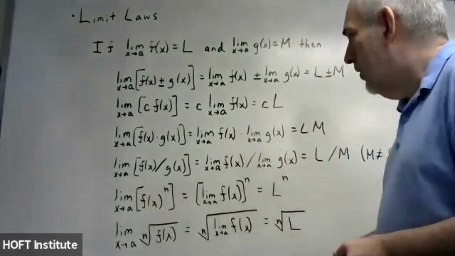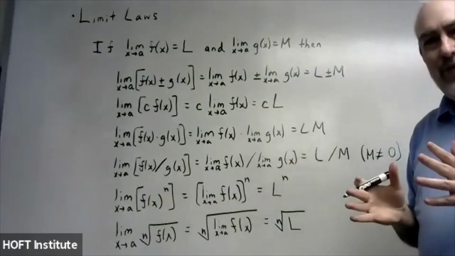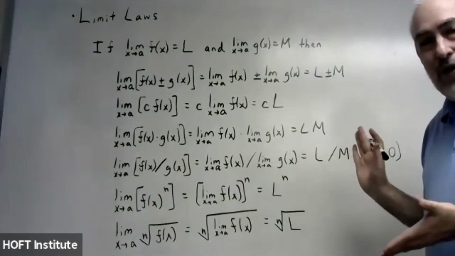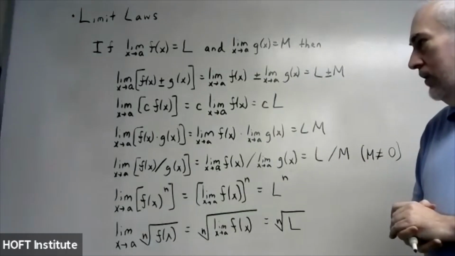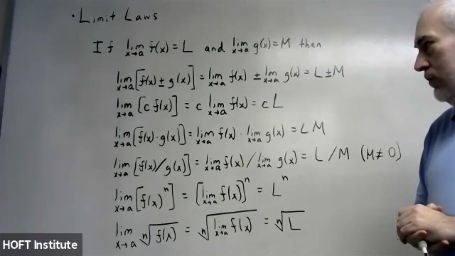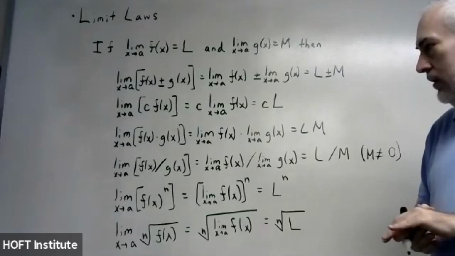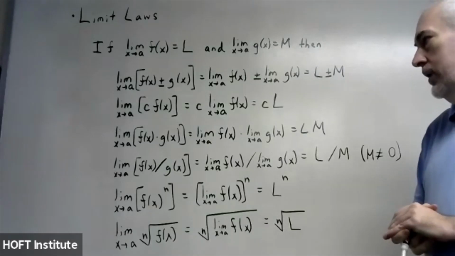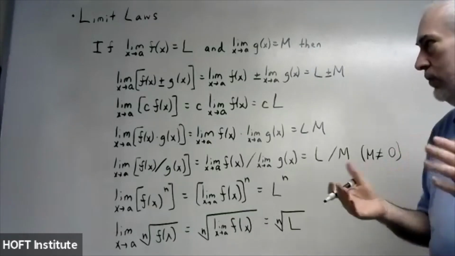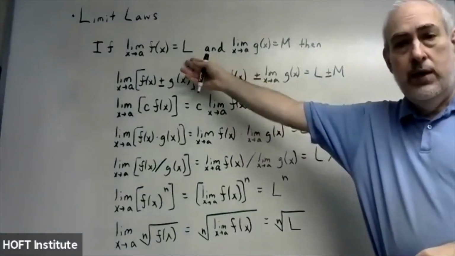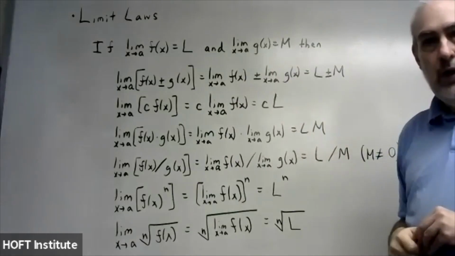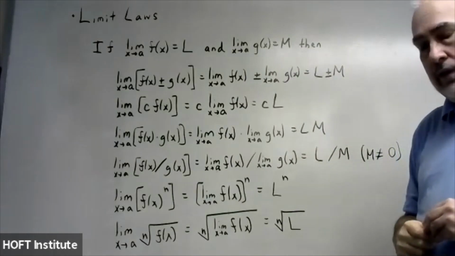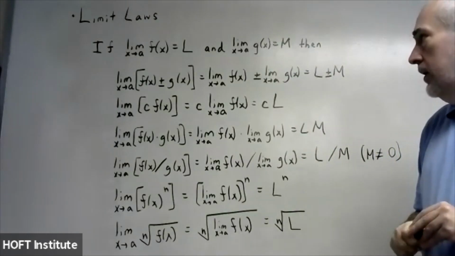Anyway, so like I said, all of these limit laws are not really as hard to remember as it first looks, because in each case, f of x is just being replaced with what f of x is going to, L, and g of x, when it appears in some of these, is just going towards what its limit goes towards.